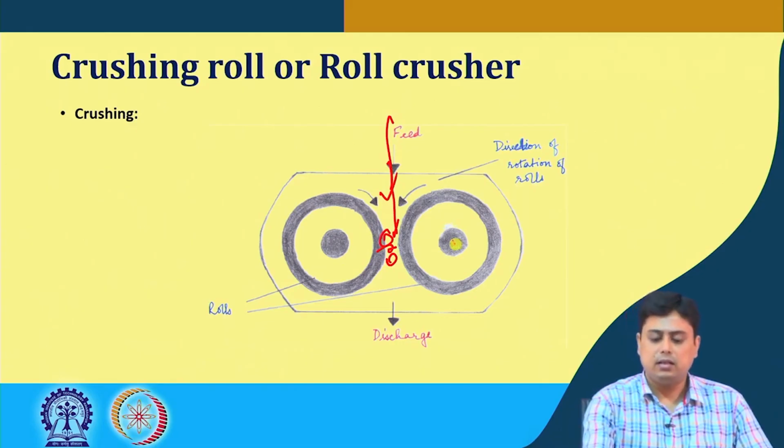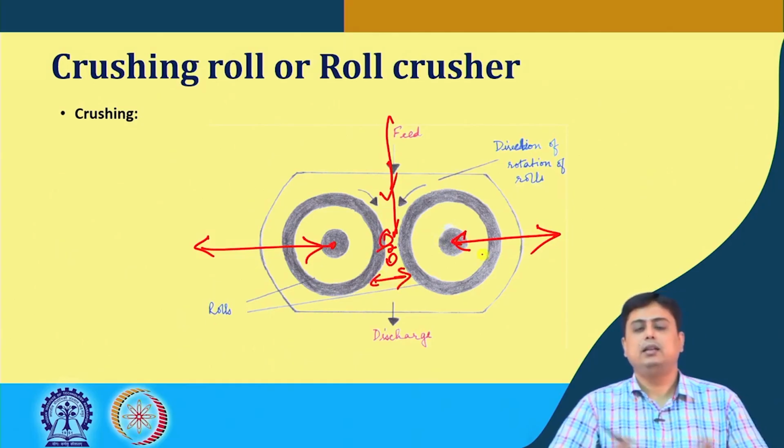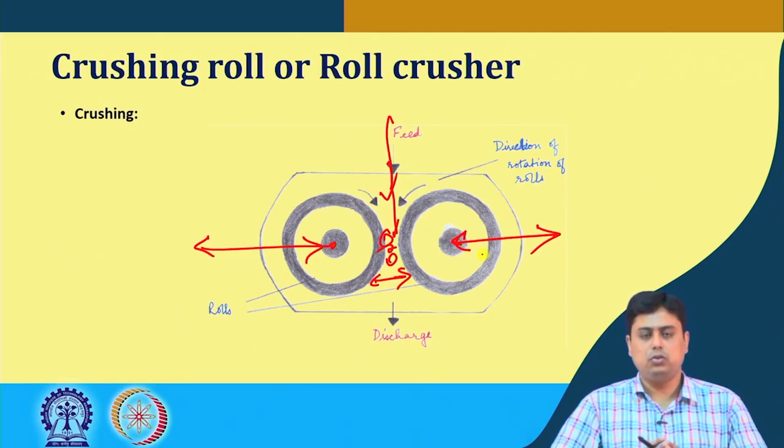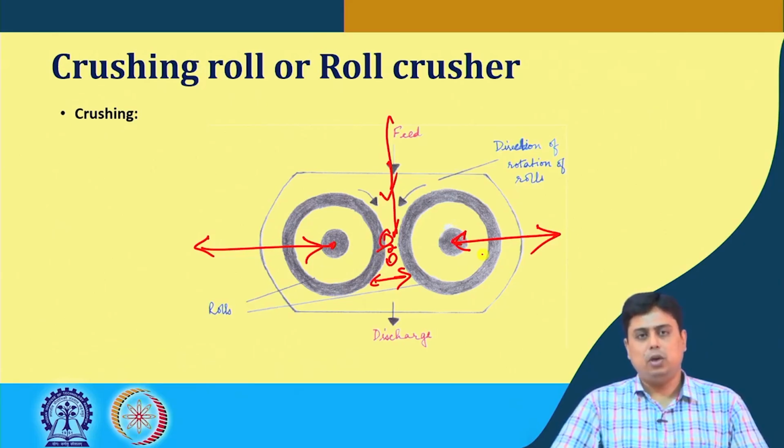And in this case, these positions are adjustable, which means this gap can be adjusted by placing these two rolls at a suitable or desired distance. So in this case, typically crushing is the dominant stress mechanism.